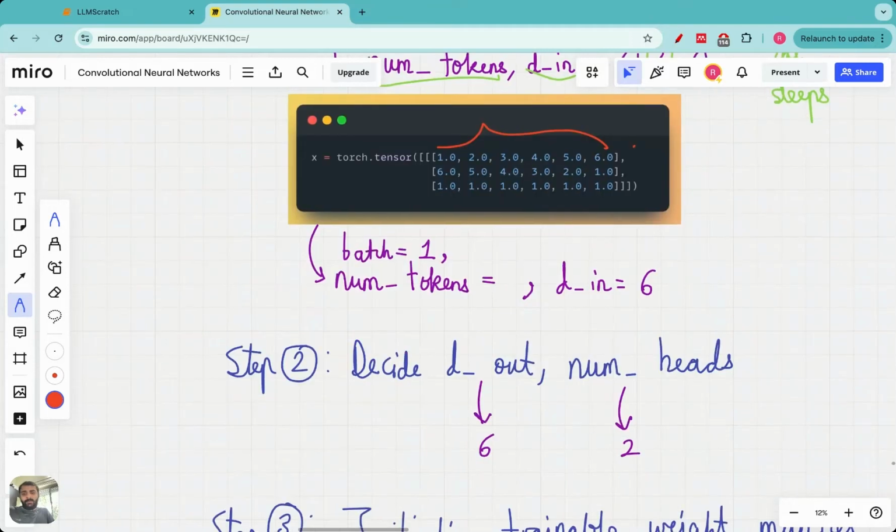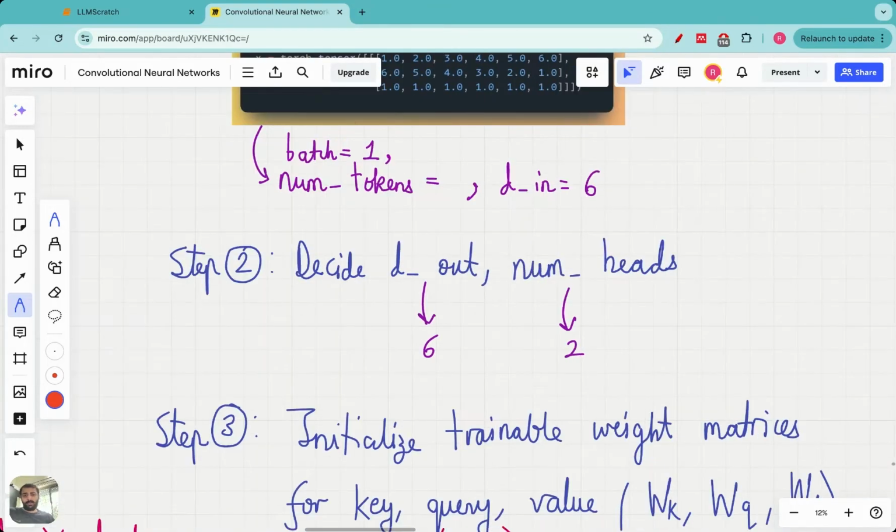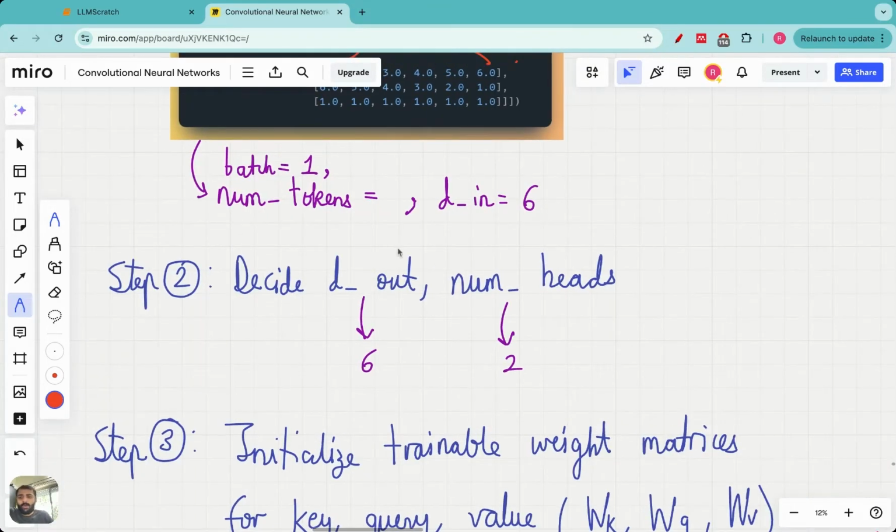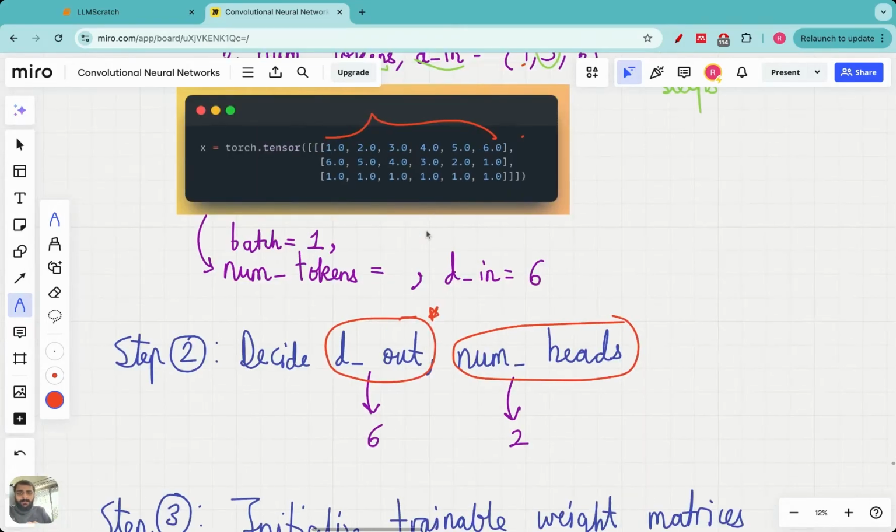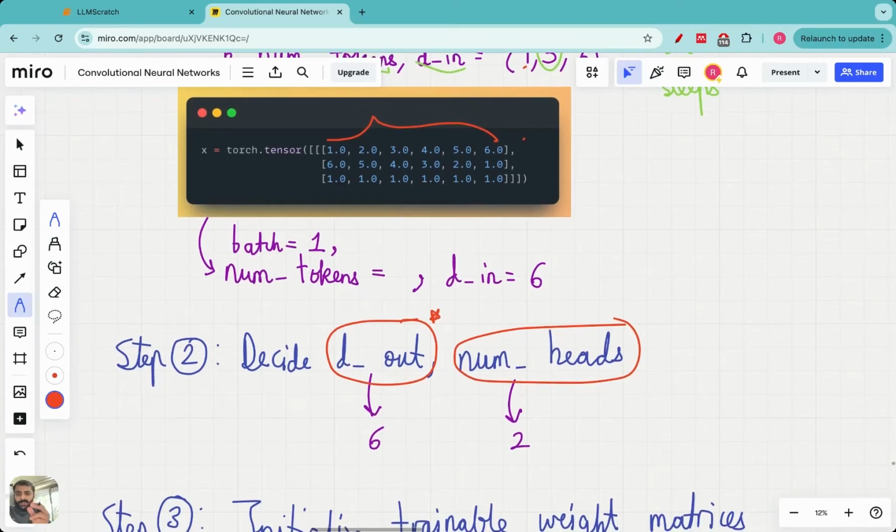The next step is what we have to do is we have to essentially decide two things. We have to decide what our output dimension is going to be, and we have to determine the number of heads. This output dimension is basically, we have the input embedding vector for each token, right? Ultimately we will get a context vector for every token.